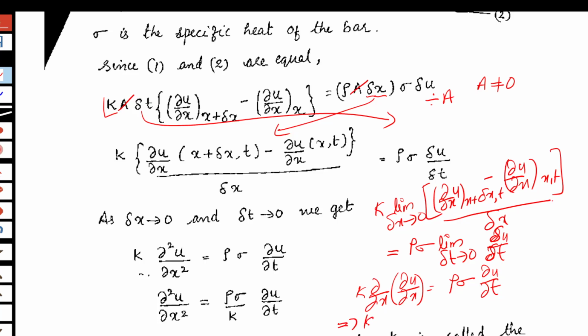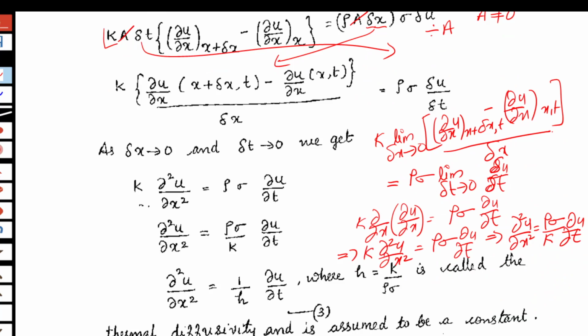That is, K ∂²u/∂x² is equal to rho sigma ∂u/∂t. If I divide by K, I will get ∂²u/∂x² is equal to rho sigma by K into ∂u/∂t.